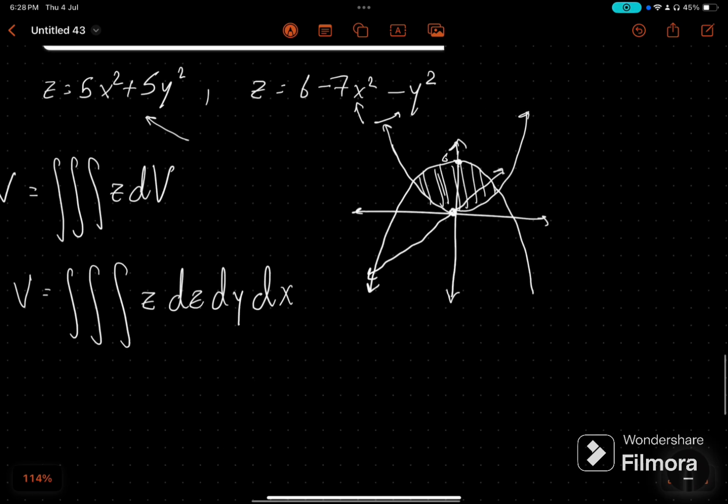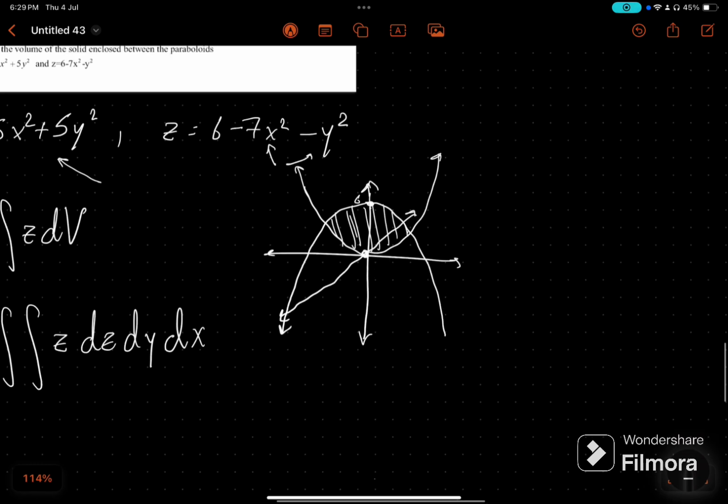And now if we try to draw it, we're gonna have something like an ice cream cone, something like this, and it's gonna be round like this. It's not the best drawing, but I hope you understand what it is.